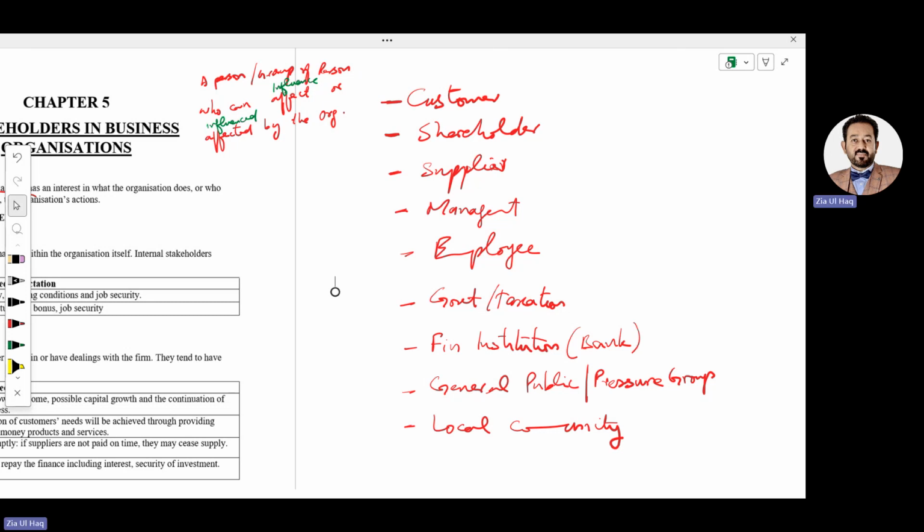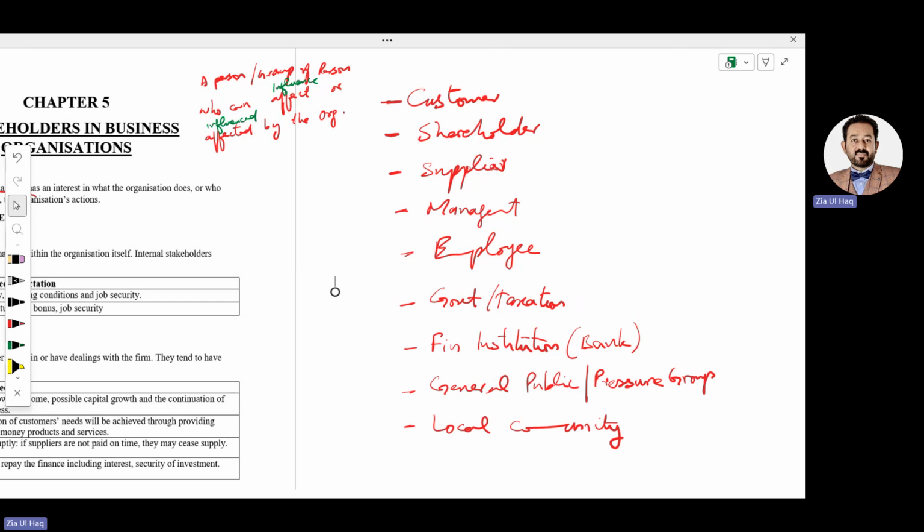If you are taking a decision against any of the stakeholders, his support will be stopped. And if any stakeholder's support is stopped, your business will not survive. That's why while making a decision, you have to consider the best for all the stakeholders.